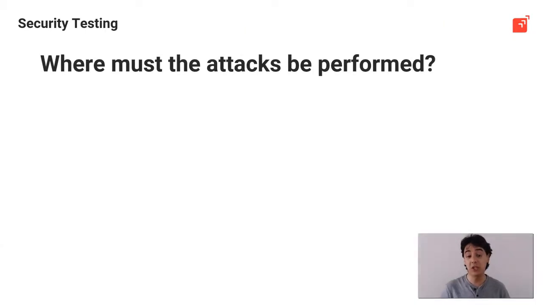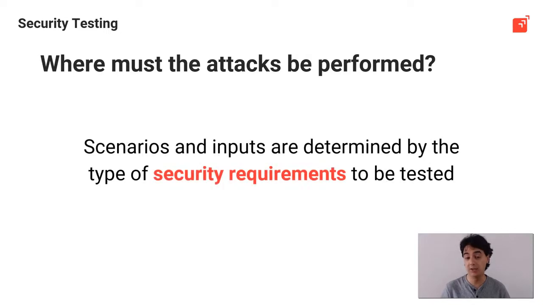Depending on the type of security requirements to check, scenarios and inputs are determined. For example, if the scope is a web application and one of the security requirements to be reviewed is cryptography, we will need to have access to the source code, typically a Git repository.